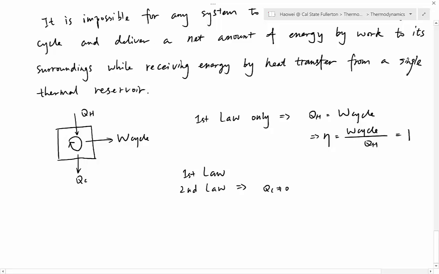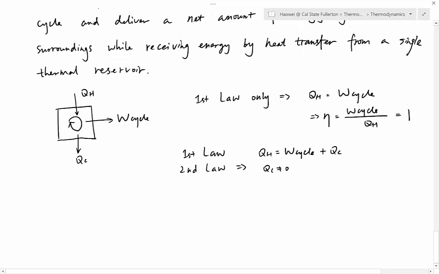If that's the case, let's go back to first law. Total energy going in, QH, must be balanced by total energy leaving. In this case, I have two terms leaving. They are W cycle and QC. And QC will never be zero.